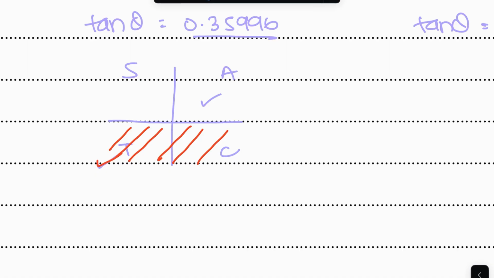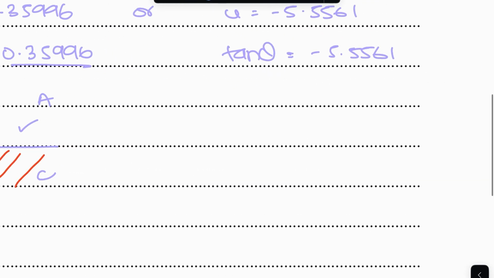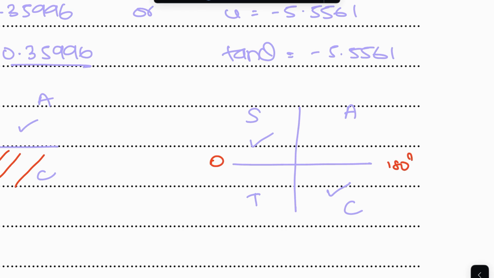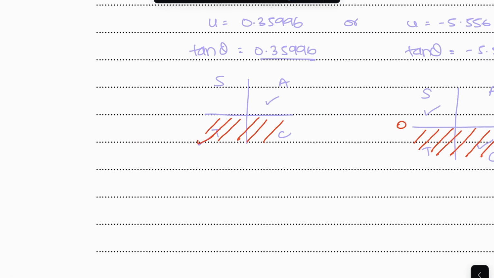If we look at the second value and draw that, tan is negative. So A, S, T, C, and we know that tan is only negative in the second and fourth quadrant. Once again, we're only looking from 0 to 180 degrees, so the fourth quadrant is going to be completely disregarded. Now, let's actually solve for theta.